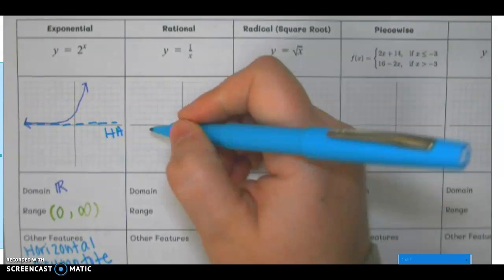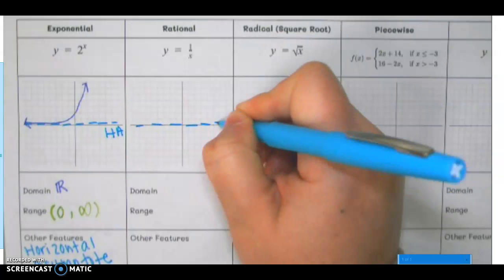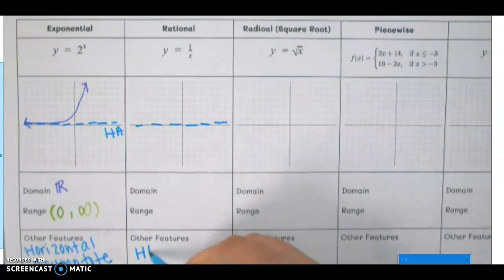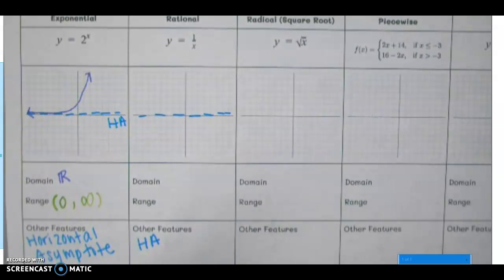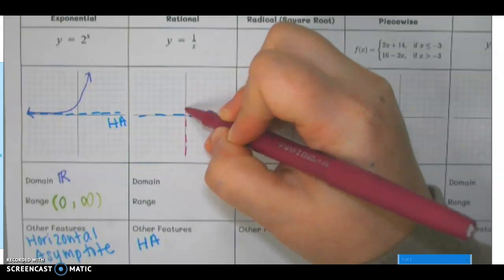All right, rational also has a horizontal asymptote. But actually, most rational functions, like the parent function, also have a vertical asymptote.